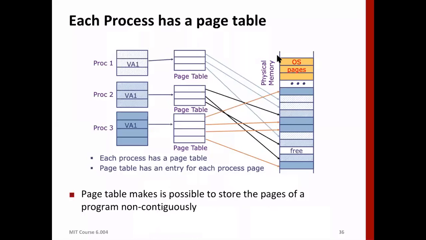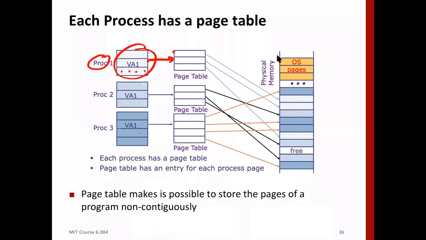All right. So what we have now is another view that I've taken from a different presentation. Each process has a virtual address space, divided into a number of virtual pages. We are not bothered about the offset now. Depending on the virtual page number, we go to the page table.